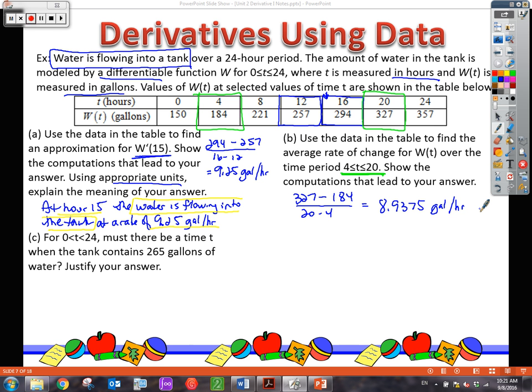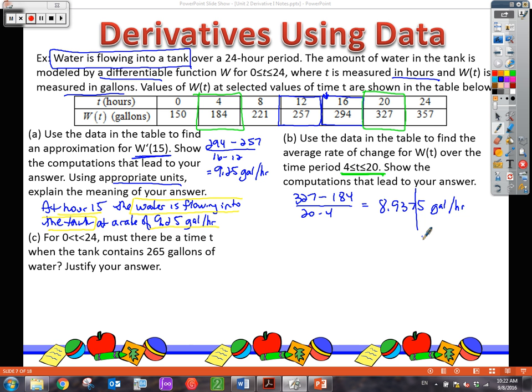Okay, so let's talk about how we need to leave our answers. Our standard on the AP test is the thousandths. You may round or truncate. It is your option. Let's go over what the difference between those is. In this particular case, truncating would mean that I would just cut that off and my answer would be 8.937. I wouldn't even look at what's to the right.